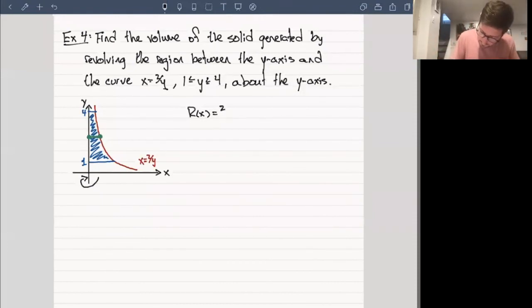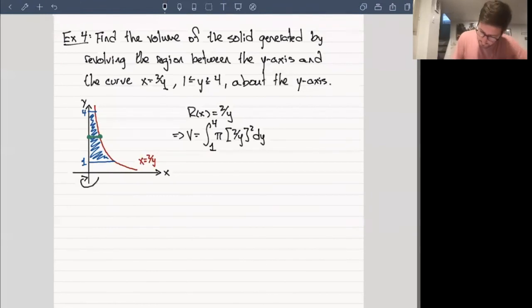So my radius is 2 over y now. And so my volume is going to be pi times my radius squared. Now I'm integrating with respect to y, and my bounds of integration are going from 1 all the way up to 4. That was given to me in the problem.